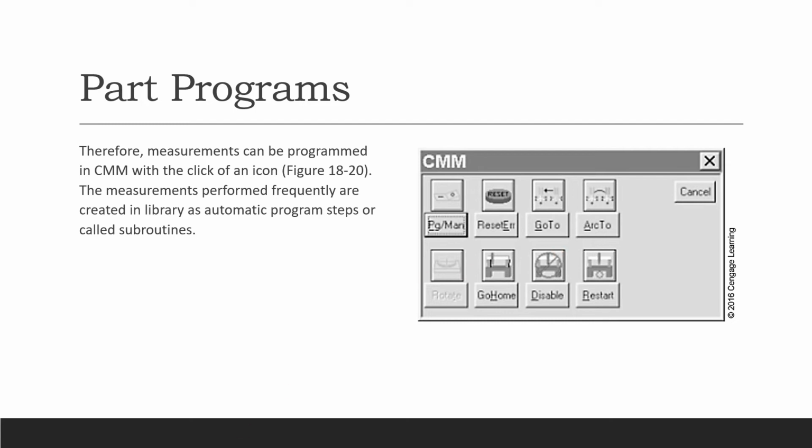And of course, you're hitting the measurement performed frequently. It's just a measurement you do every day, yeah? So we're going to create a library. This is your database anyway. And do automatic program steps, so you don't have to do it every day, and your CMM does it for you.